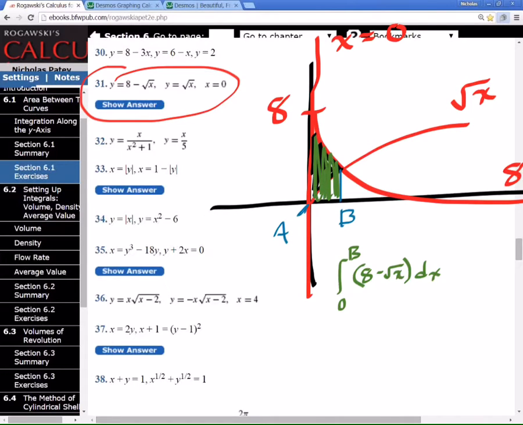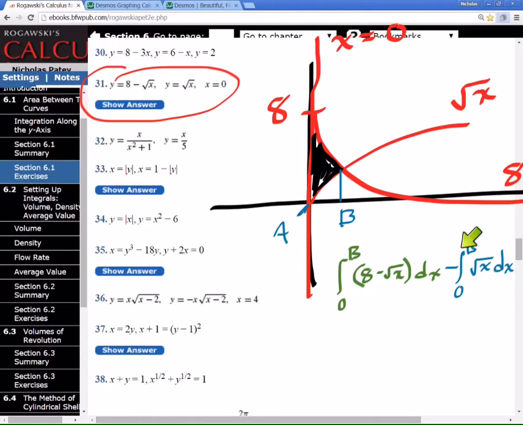I want to take out this area right here, which is the area underneath the bottom curve. And so I'm going to subtract from this the area from 0 to b of the square root of x dx, because that's our bottom curve right here.